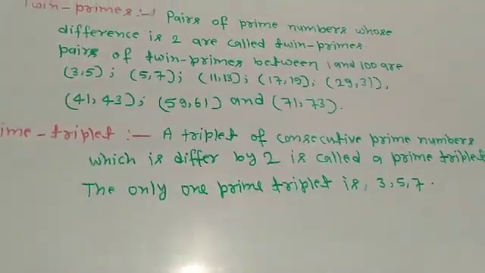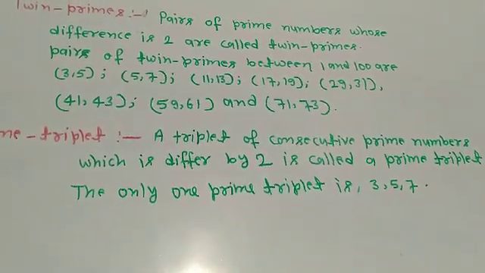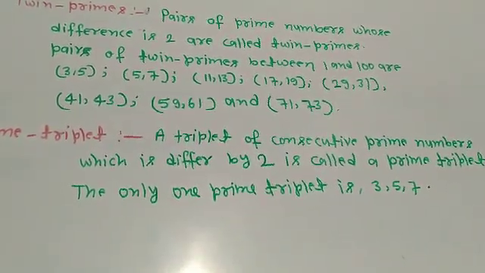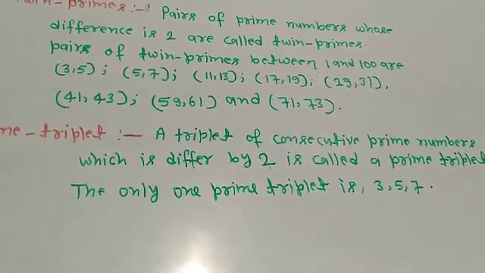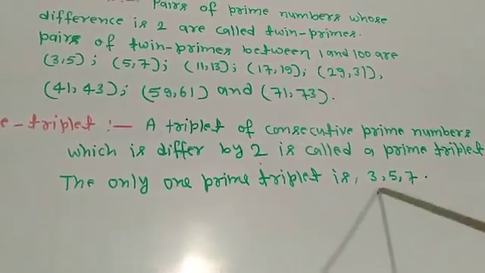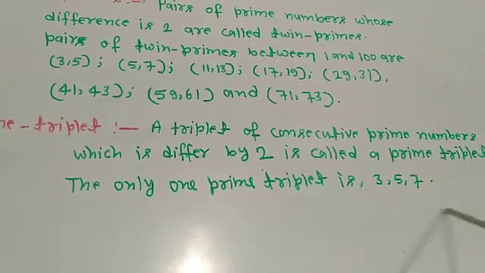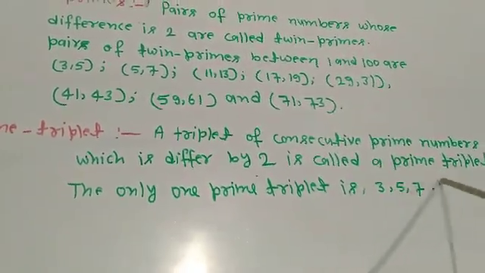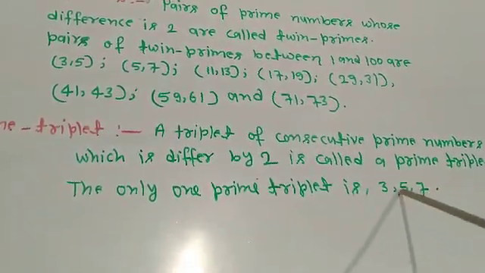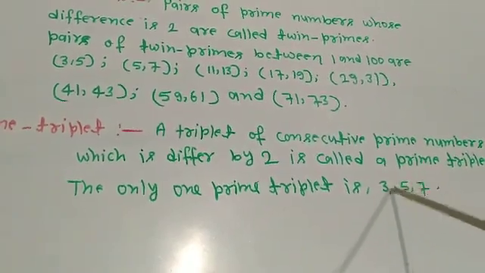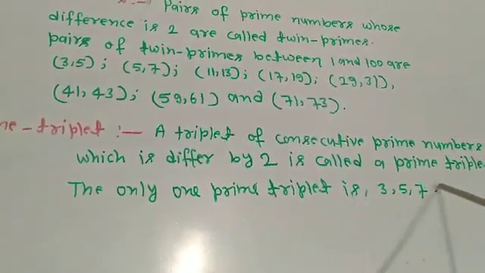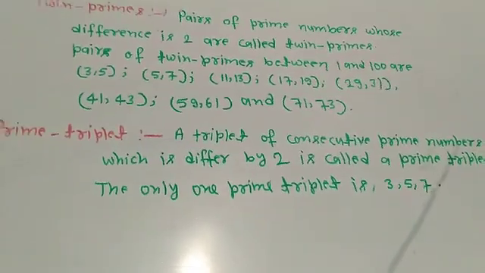You can say it is a group of 3 prime numbers which differ by 2. The difference between 3 and 5 is 2, and between 5 and 7 is 2. This is called a prime triplet.